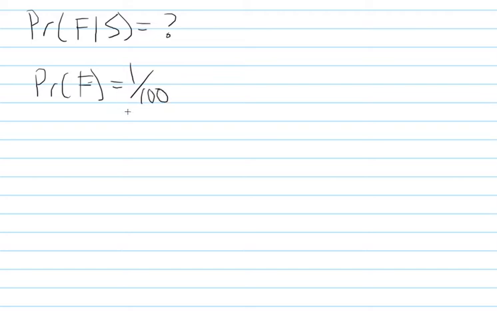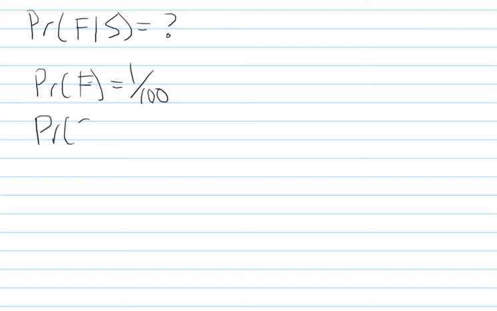So first of all, we're wondering, what is the probability of F, this person George, having the flu, given that he has some certain symptoms? Okay, this is what the question is asking us. And now here is what we know from this setup. We know the probability of the flu as a base rate in the population is 1 over 100. At this time of year, just overall 1 over 100 people have it.